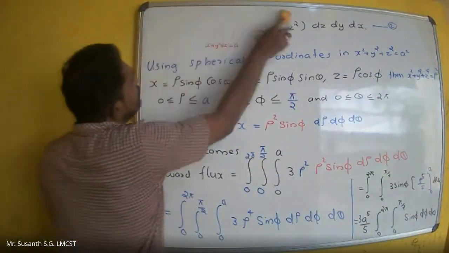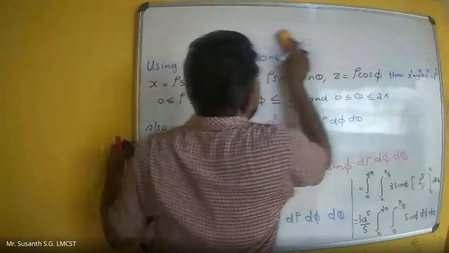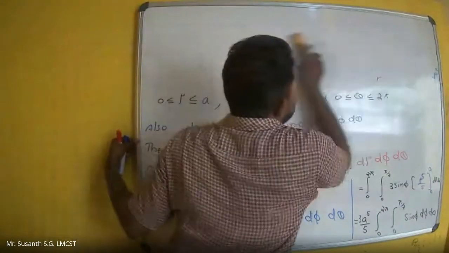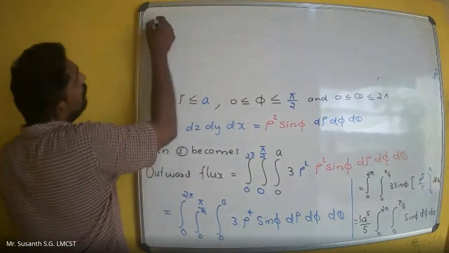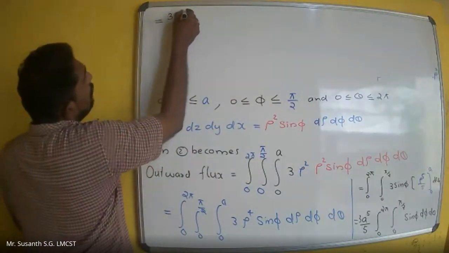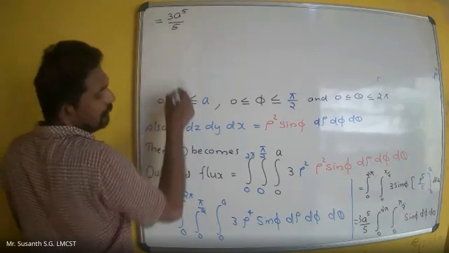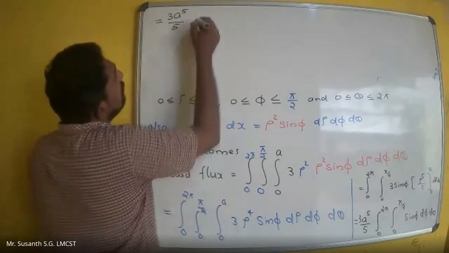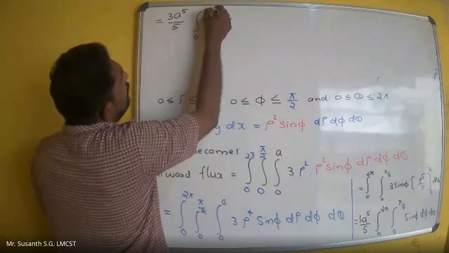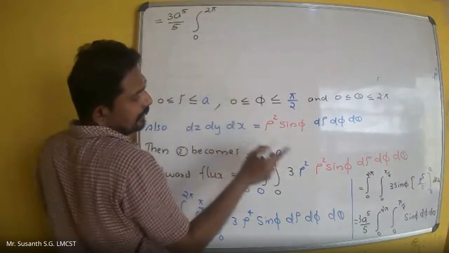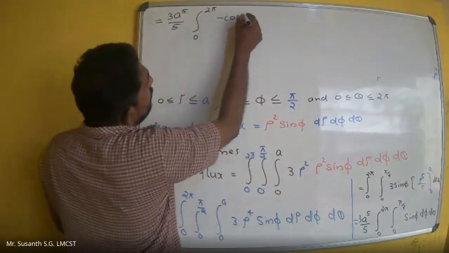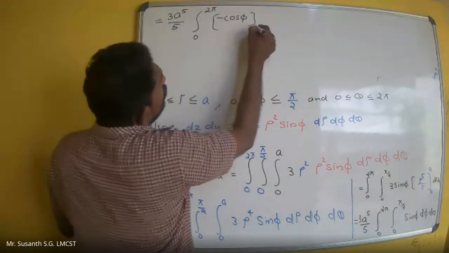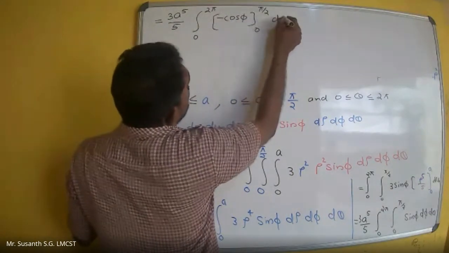So this is equal to 3a⁵/5, integral 0 to 2 pi. The integration of sin phi with respect to phi is −cos phi, from 0 to pi/2, with respect to theta.